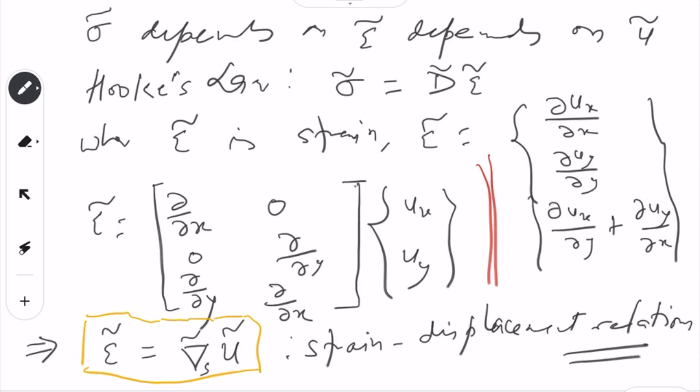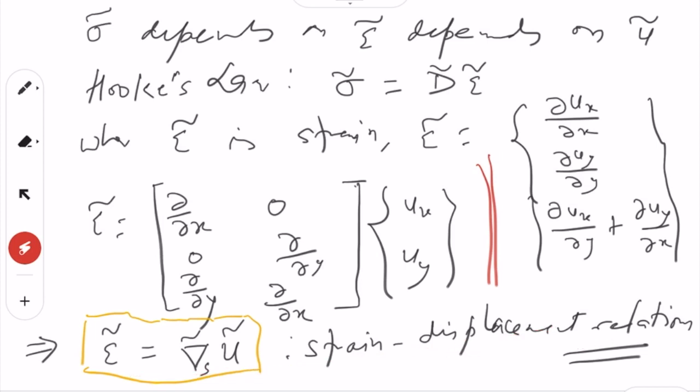What you see is linear, it is not non-linear, hence we are studying the linear finite element. So, we are also doing the linear finite element only. So, this is a linear relationship, the strain displacement relations.